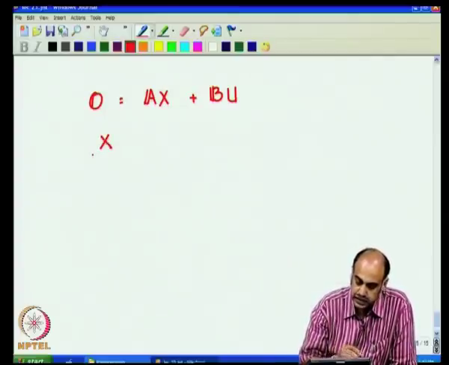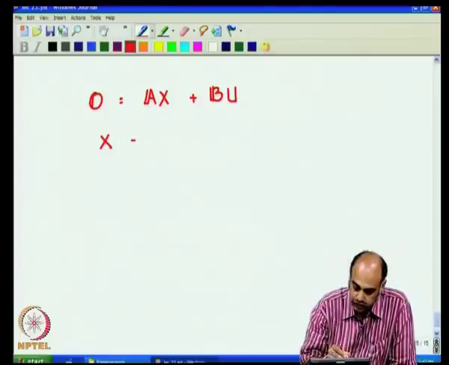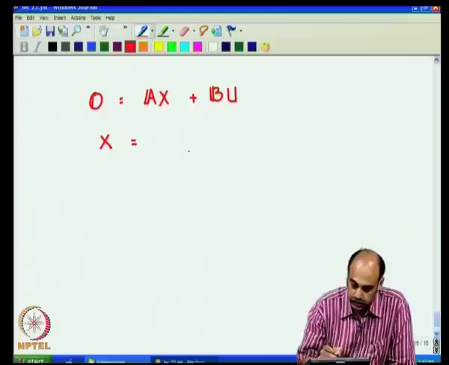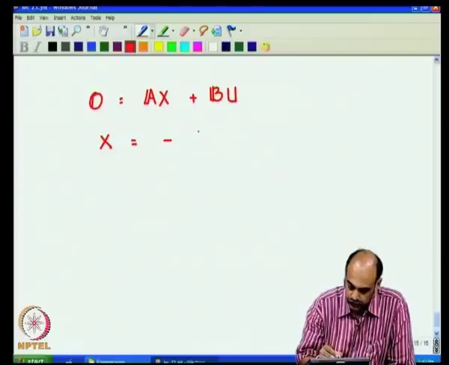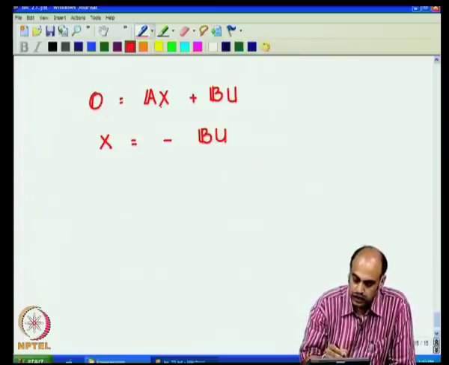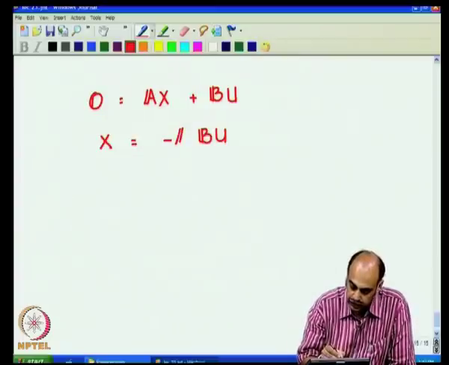Steady state variable x is obtained by simple manipulation of these, minus B u and then pre-multiply by A inverse.